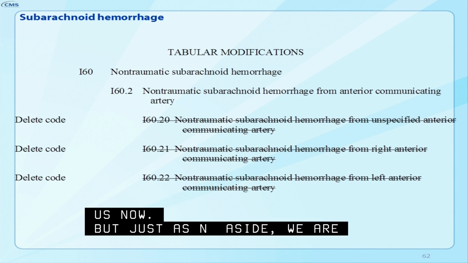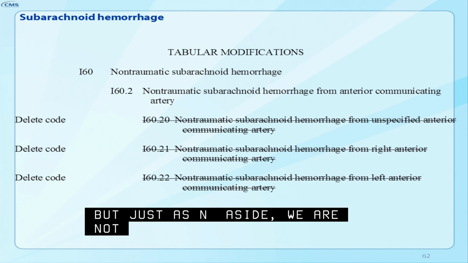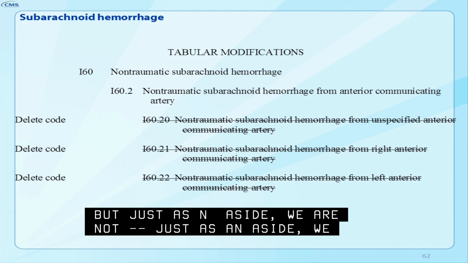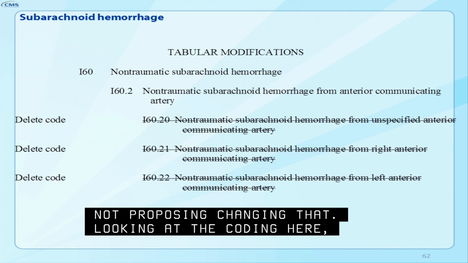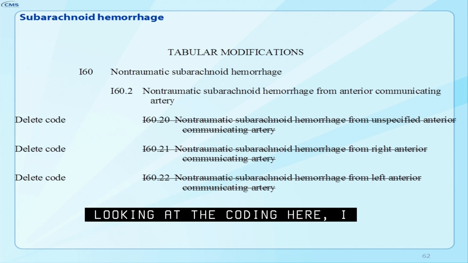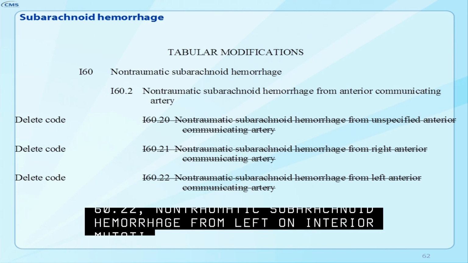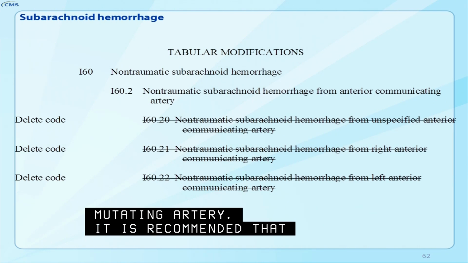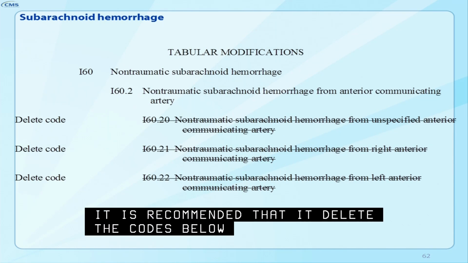So in any case, this proposal, looking at the coding here at I-60, non-traumatic subarachnoid hemorrhage, we have I-60.2, non-traumatic subarachnoid hemorrhage from anterior communicating artery. That's currently a subcategory with codes below it. It's proposed that that become a code itself, and we delete those codes that are below it, I-60.20 for non-specific subarachnoid hemorrhage from unspecified anterior communicating artery, and then also the .21 from right and .22 from left anterior communicating artery.